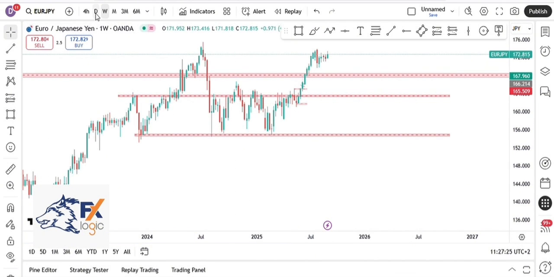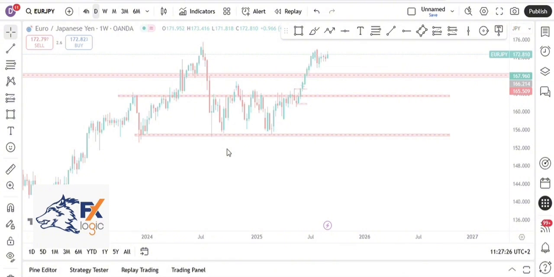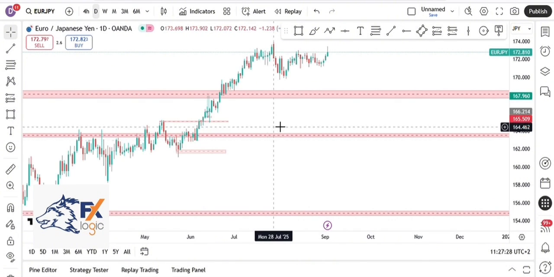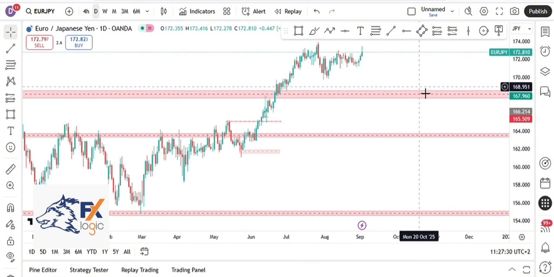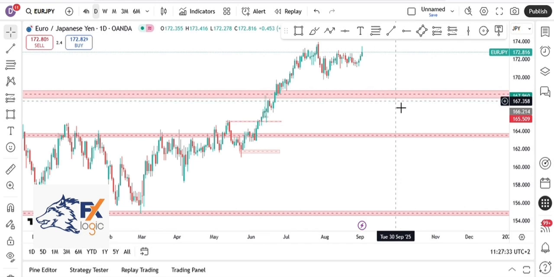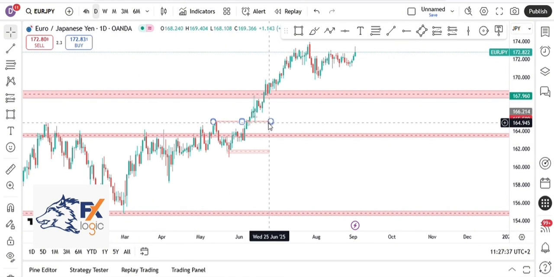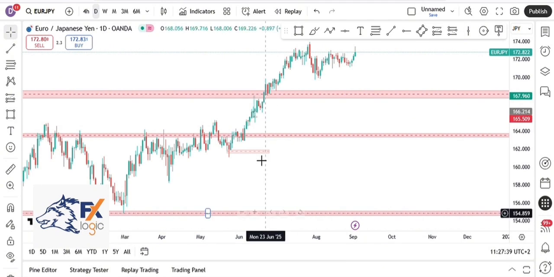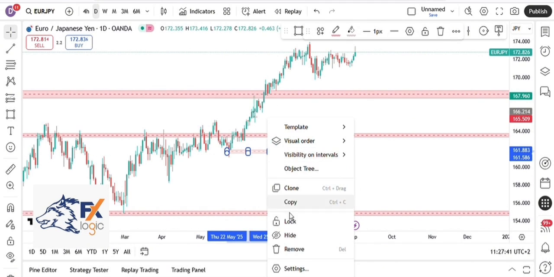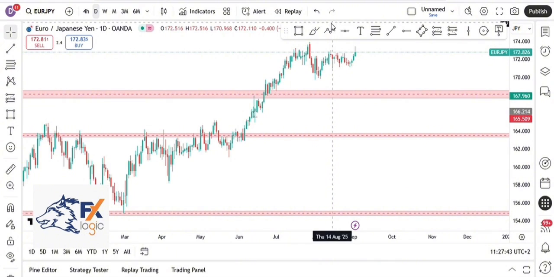So we'll go to the daily. What could we see on the daily? We could see that the market is still rising.